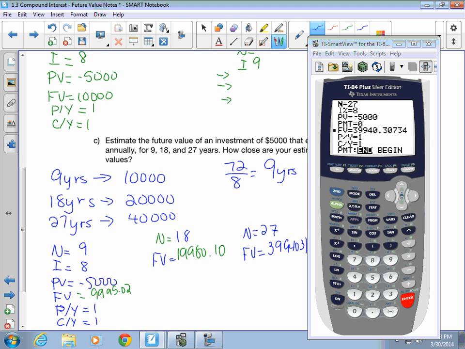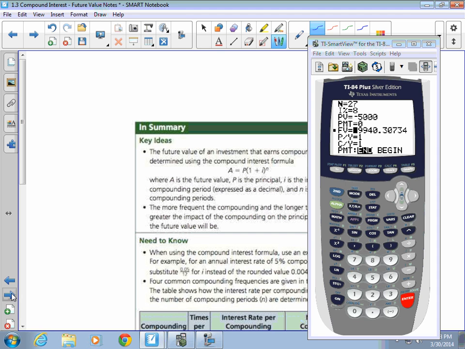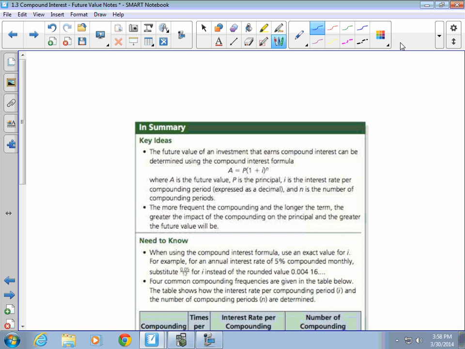Okay, last part for this very long section. So, just to recap, the future value of an investment that earns compound interest, our basic formula is A equals P times (1 plus i) to the n.